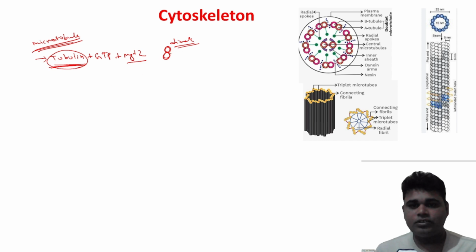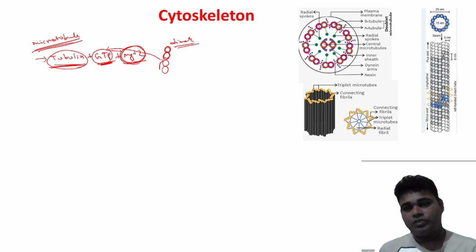Now this is one tubulin. To this one tubulin, another tubulin is joined, and this joining is accompanied by GTP with the catalysis of magnesium. That means it needs the GTP, and it also needs magnesium for the activation of the GTP.